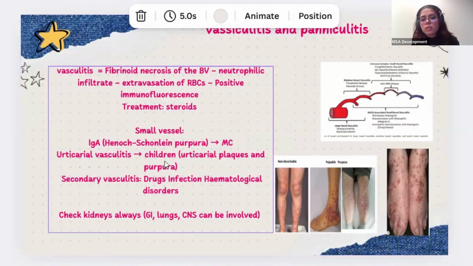Urticarial vasculitis is seen in children, and there's secondary vasculitis from drugs, infections, and hematological disorders. With vasculitis, you always check the kidneys, because if the kidneys are damaged, you will have blood and protein in your urine, and your filtration rate will go down, which causes toxins to build up in your body.